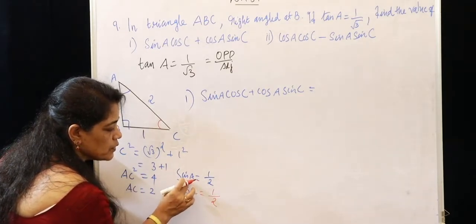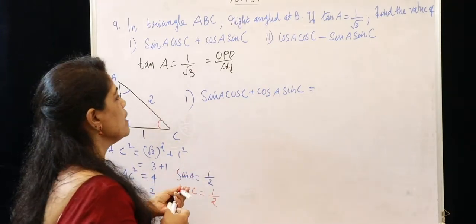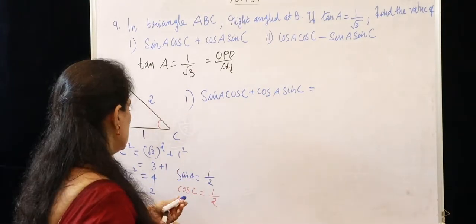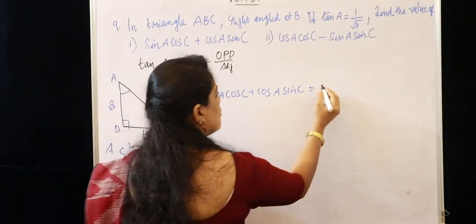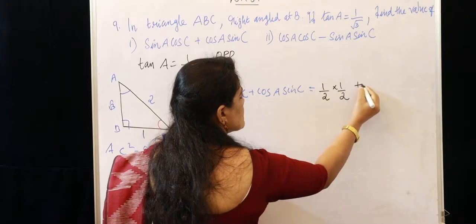So, we can substitute for sin A cos C. This is equal to 1 by 2 into 1 by 2, plus.